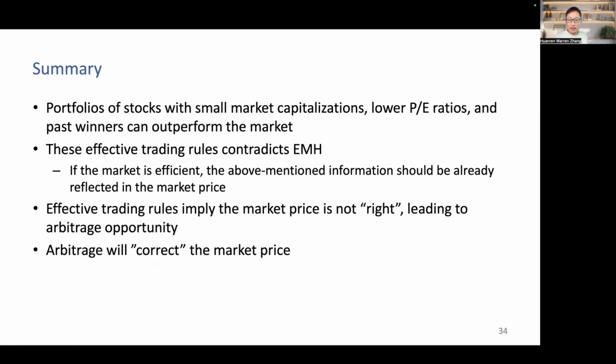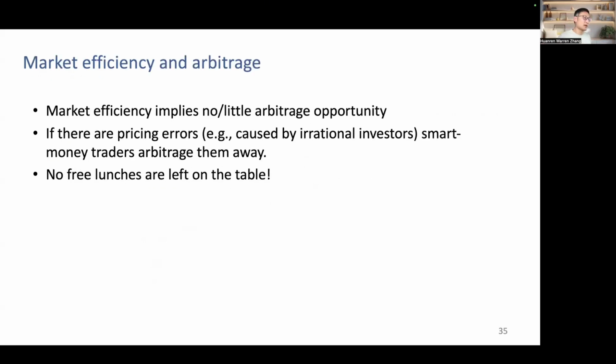So now let me elaborate on the relationship between market efficiency and arbitrage. Market efficiency implies no or little arbitrage opportunity. And if there are price errors, which can be caused by irrational investors or some behavioral biases of those investors, the smart money traders can arbitrage them away.